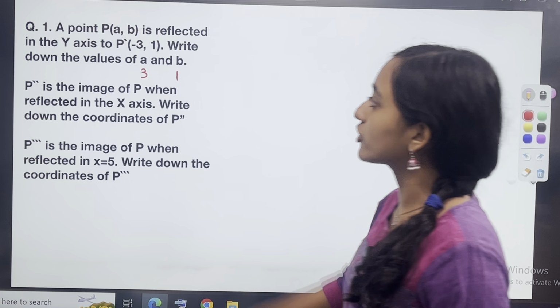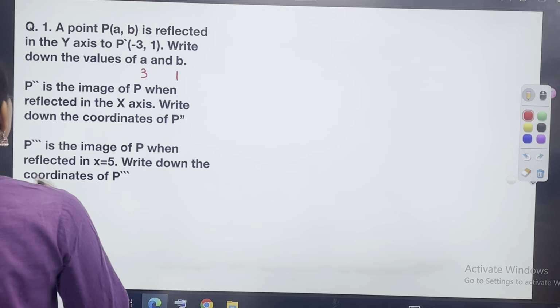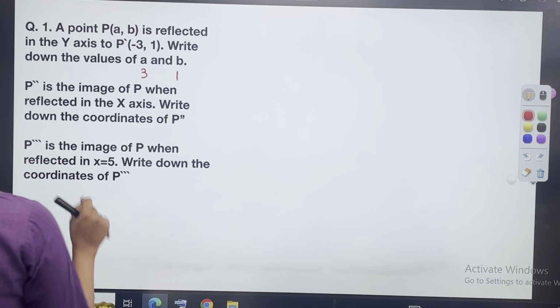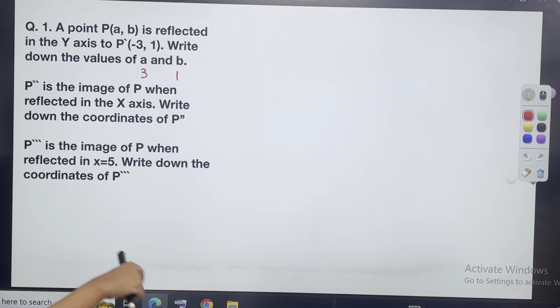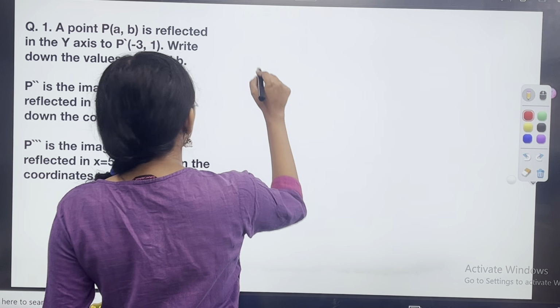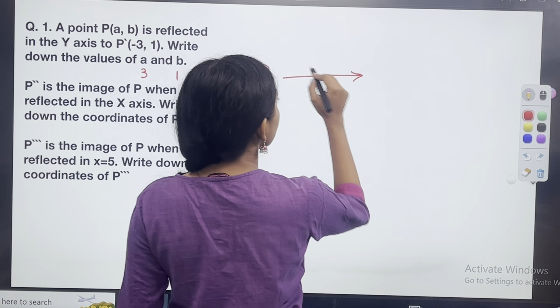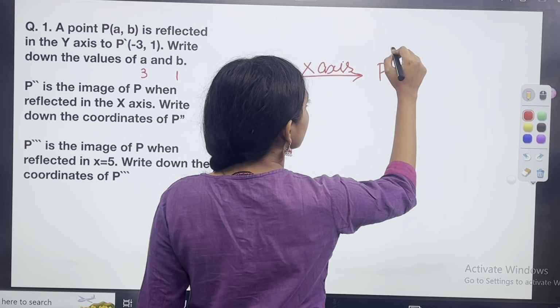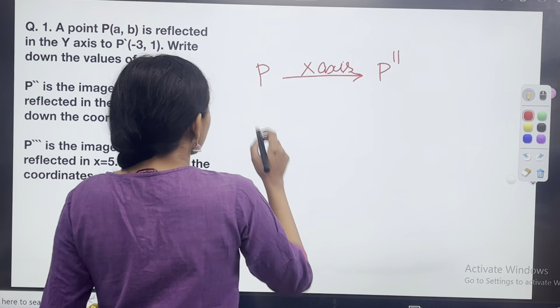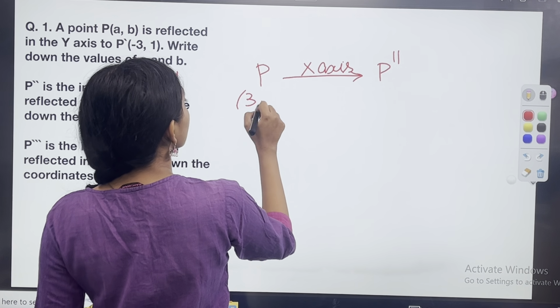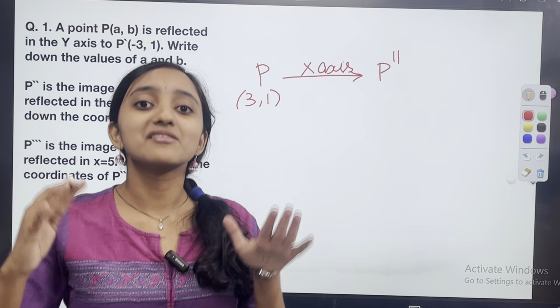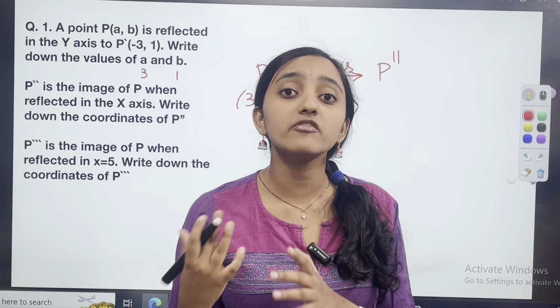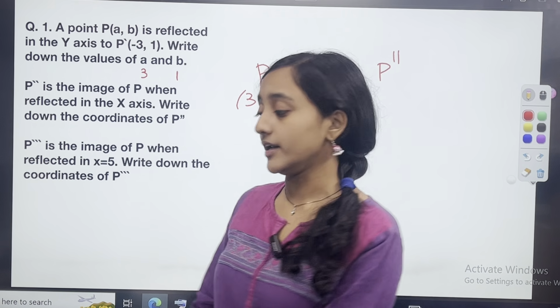We have the first part already ready. Okay, P double dash is the image of P when reflected in the x-axis. So P, when it is reflected in the x-axis, becomes P double dash. P is how much? 3 comma 1. When a point is reflected in the x-axis, then we will change the sign of the y-coordinate, right?